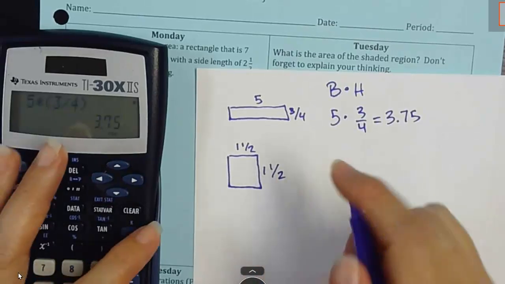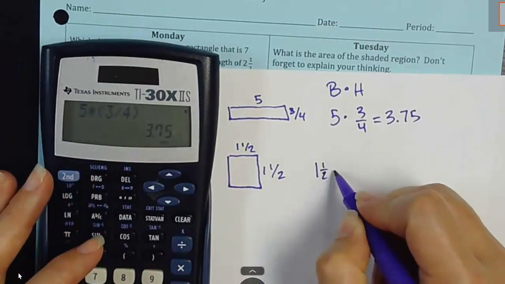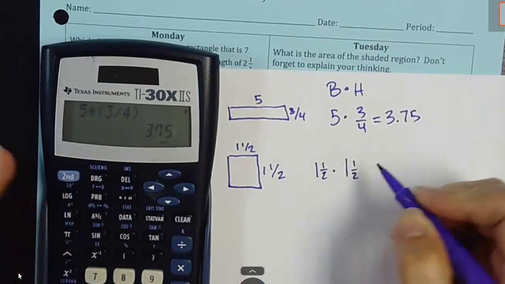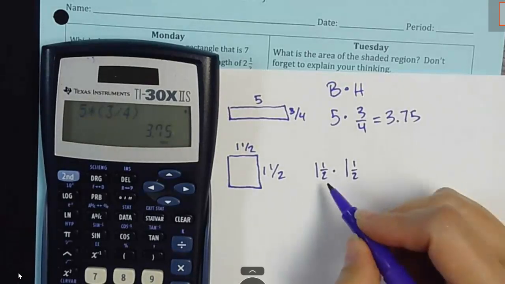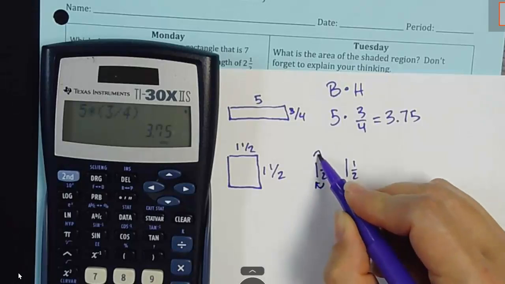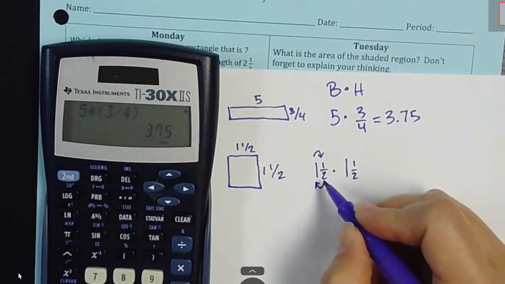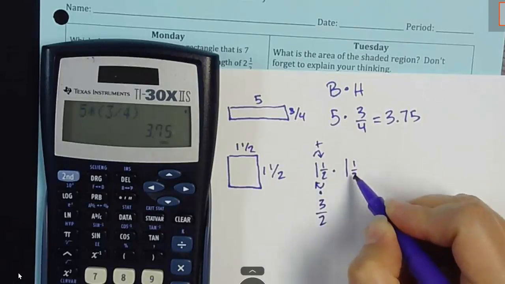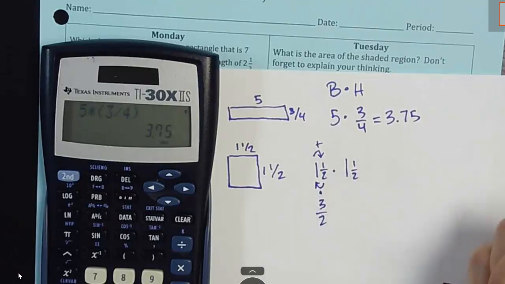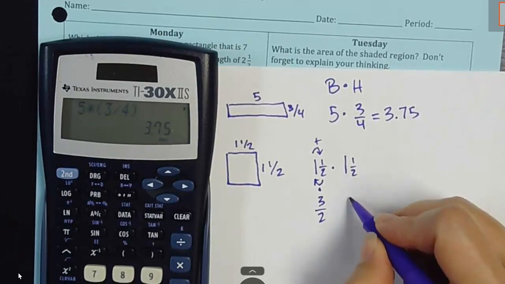Okay. On this one, we have 1.5 times 1.5. Okay, well, how do I put 1.5 in a calculator? That's a little trickier. You might want to turn it to an improper fraction first. So 2 times 1 plus 1 is 3. So 1.5 is the same as 3/2. I could do the same with that.